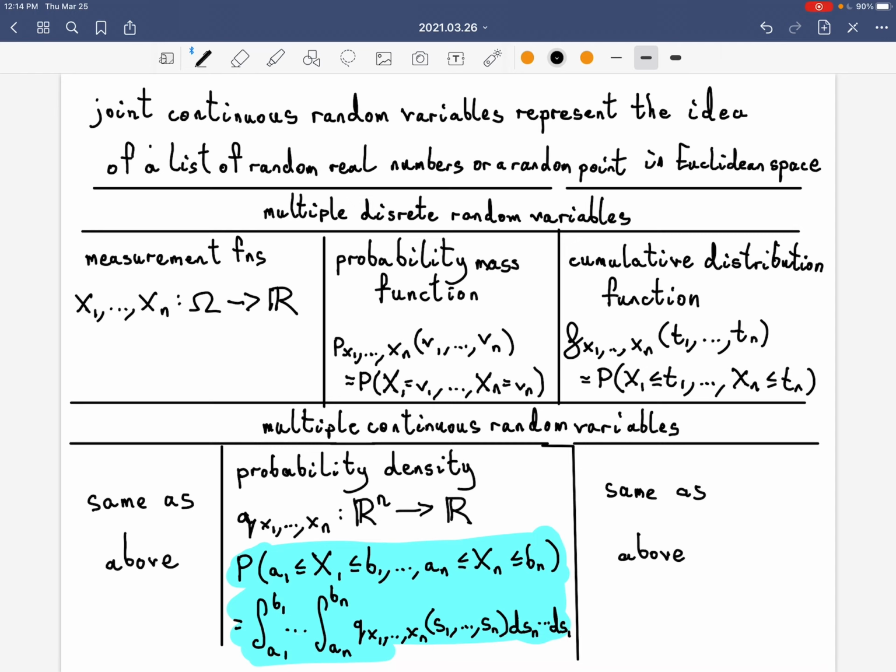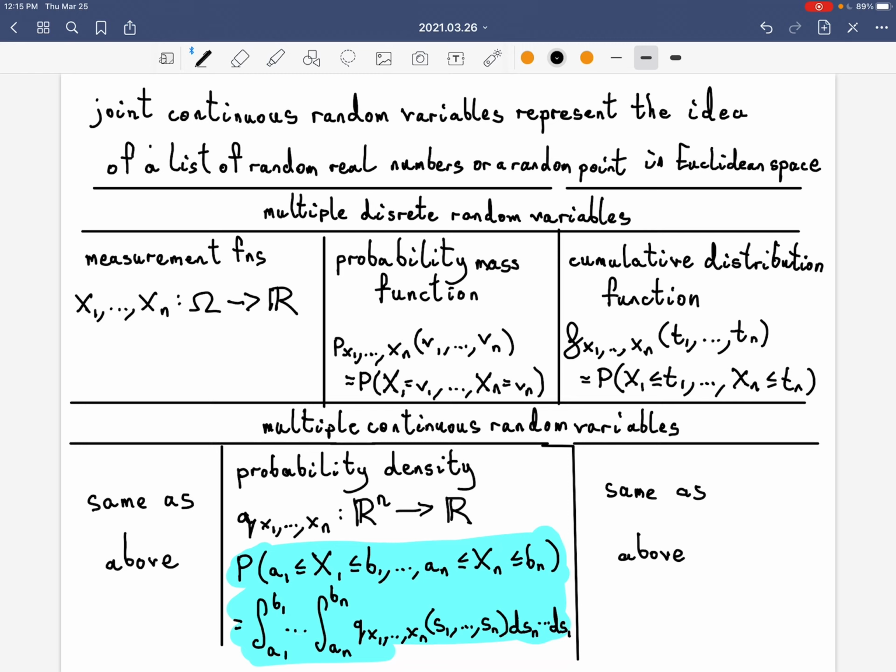So if you have two continuous random variables, that represents a pair of random real numbers, or equivalently a random point in the plane. If you have three continuous random variables, that represents a random triple of real numbers, or equivalently a random point in three-dimensional space.